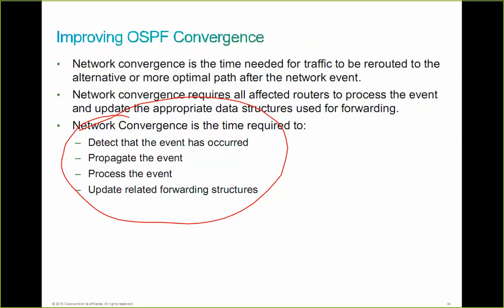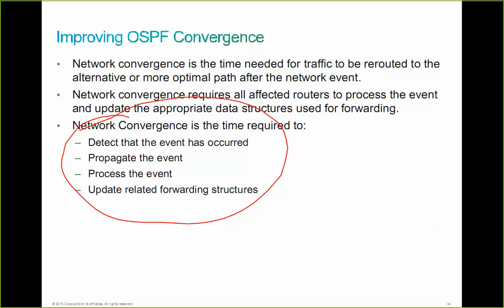Number 2, propagate that event, right? Routing protocol update mechanisms are used to forward information about topology changes from one neighbor to the other. The propagation of that information, how long it takes for a triggered update to be sent and then to be repropagated, is very important. Now, there isn't a whole lot that we can do with regard to increasing the speed of event propagation.